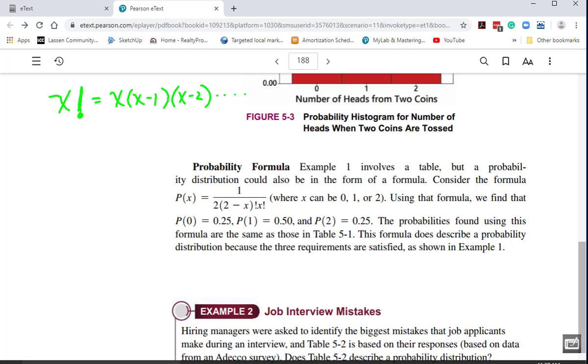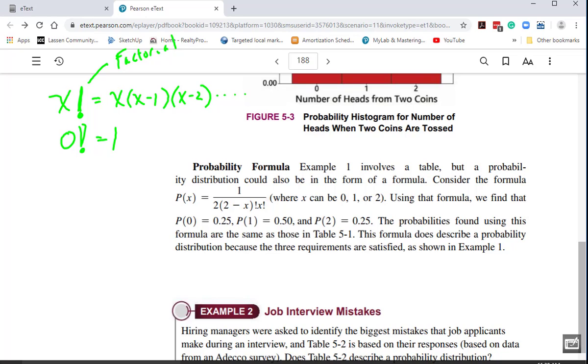And I might as well tell you now, 0 factorial is 1. You just have to believe it.